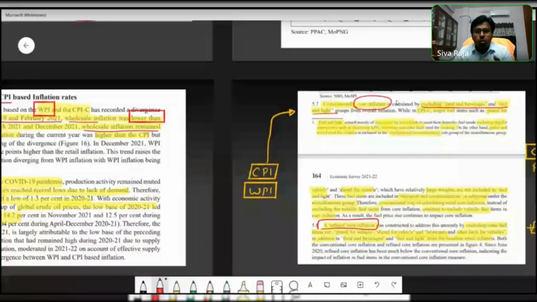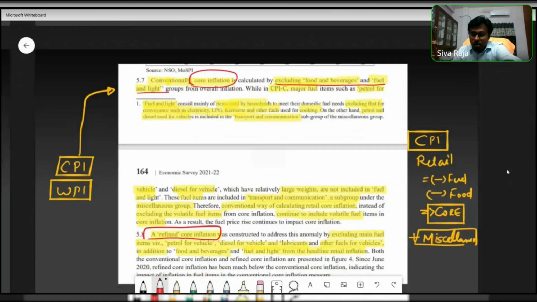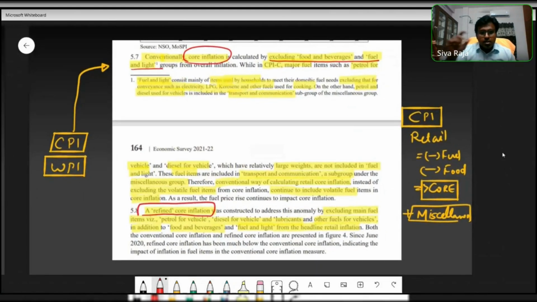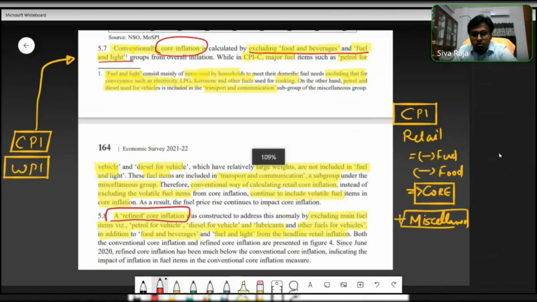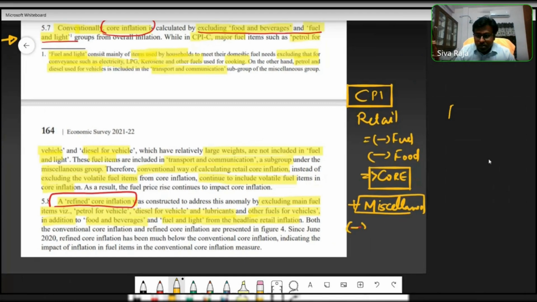So look at this, CPI is there, which is called retail inflation. You subtract the food and the fuel and you get the core inflation. And then you subtract the petrol and diesel. Fuel has a component, and petrol and diesel can be used for some other purposes, let us assume fertilizer.